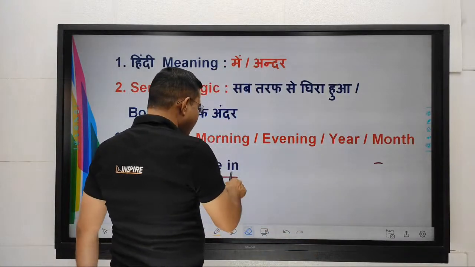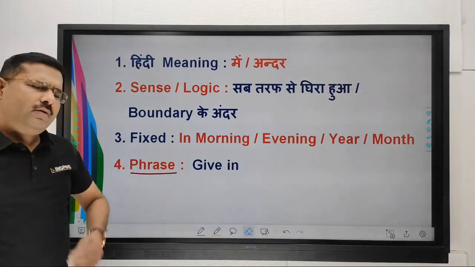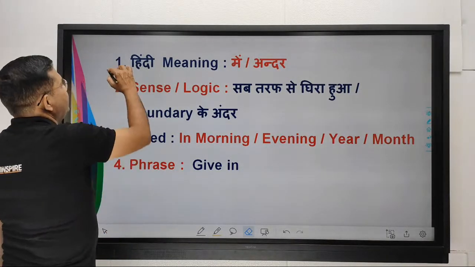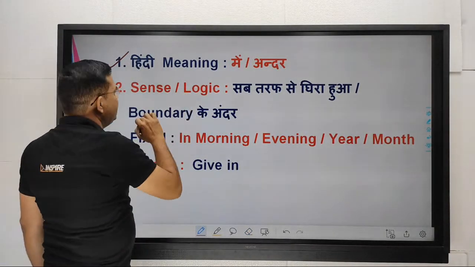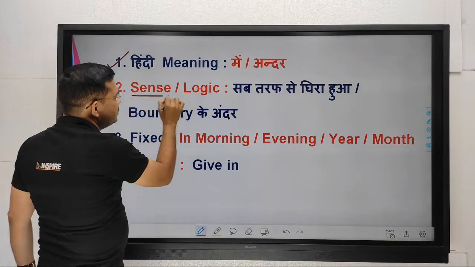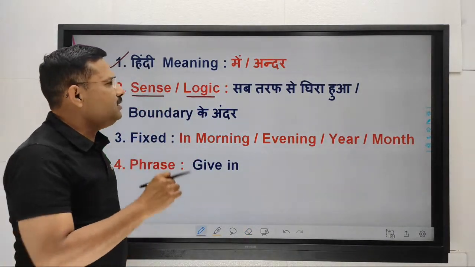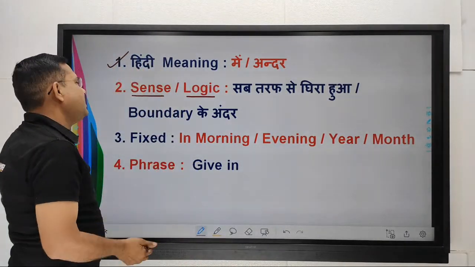Means if you find in anywhere, in any book or magazine, then you have to check with these four different angles. The first angle is of Hindi meaning. The second is of sense or logic. There may be possibility that in is used in that sentence with any logic or sense.